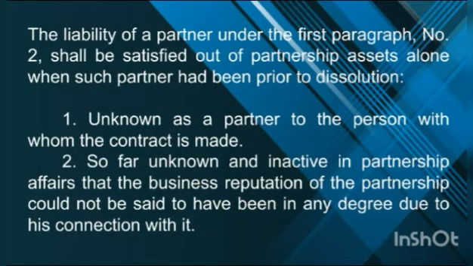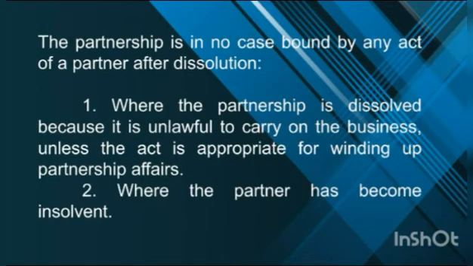Next, liabilities shall be satisfied out of partnership assets alone if the partner being dealt with is a dormant partner. Next paragraph is, the partnership is in no case bound by any act of a partner after dissolution. Upon dissolution, the partnership is no longer bound by the transaction.